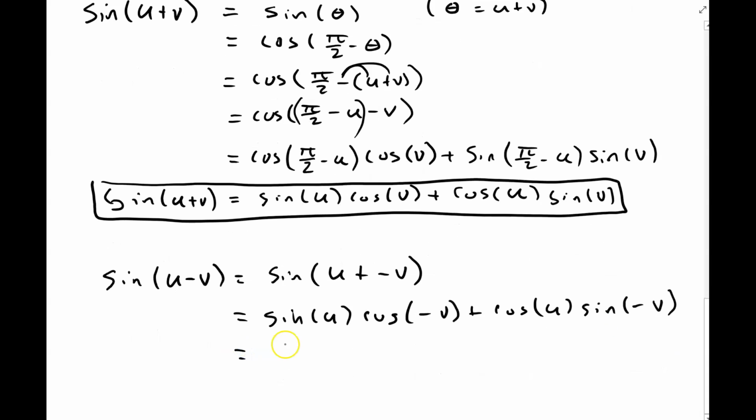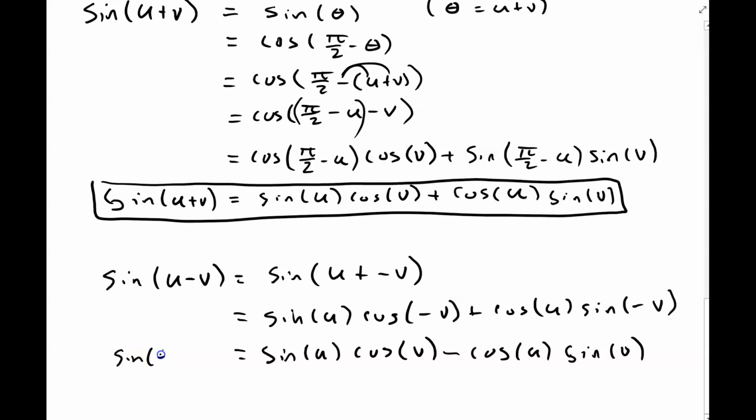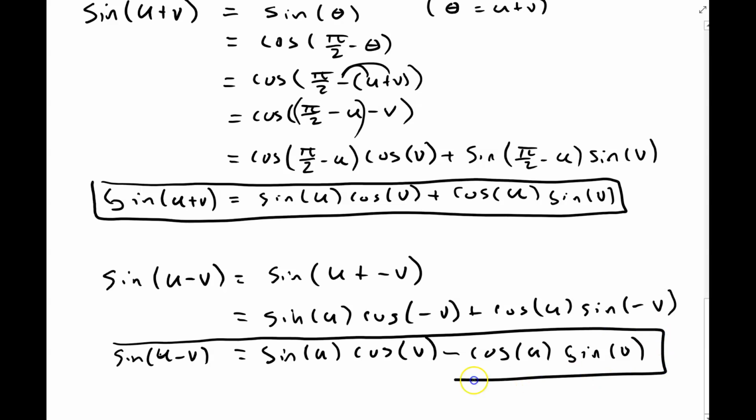And my odd-even identities say that cosine of a negative is just positive cosine. And my odd-even identities say sine of a negative is negative sine. And so there's my angle difference formulas for sine.